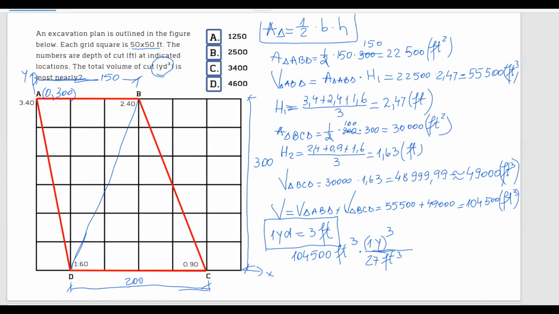All right, so now we can get rid of feet cubed. This is yard cubed. So the only thing we have to do now is take 104,500 divided by 27, and this will give us 3,870.4 yards cubed. And the closest answer is 3,900, so the correct answer is C.